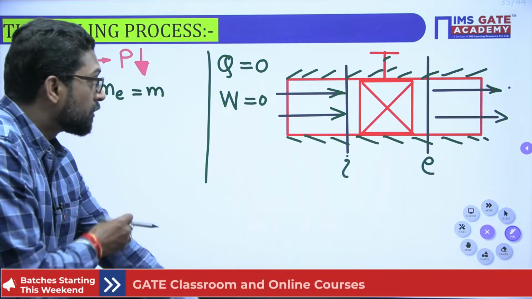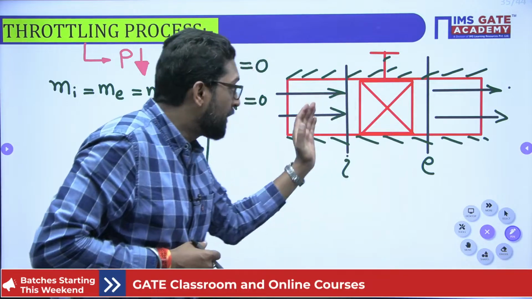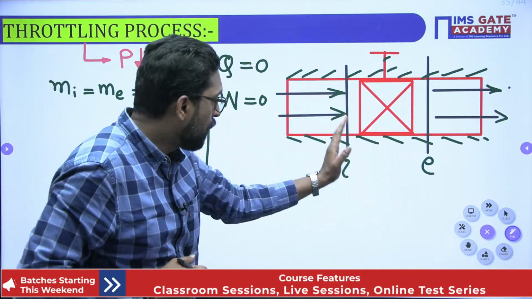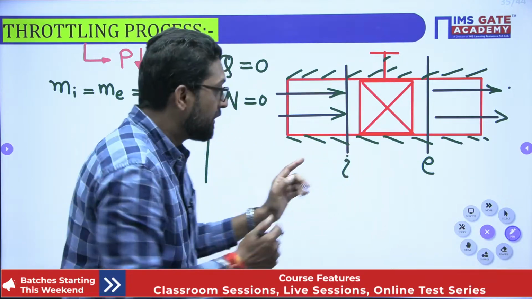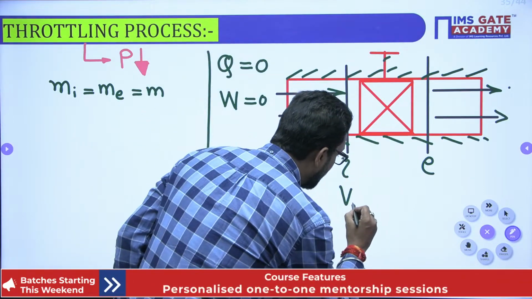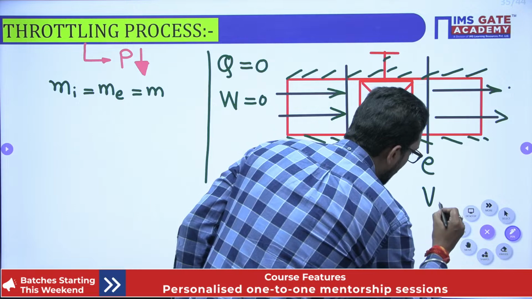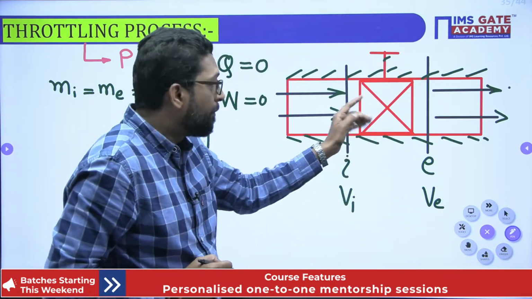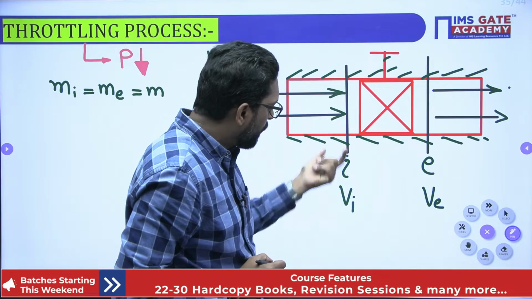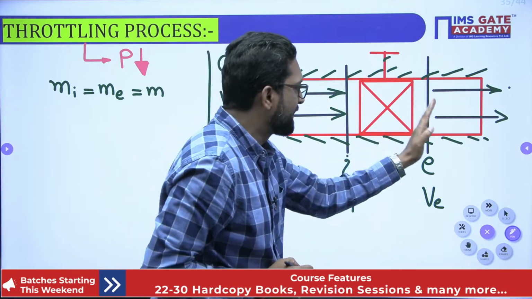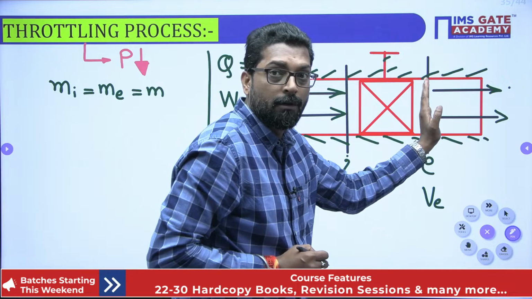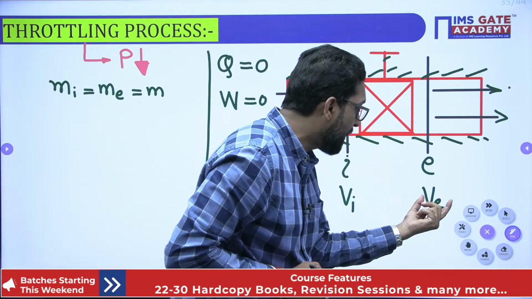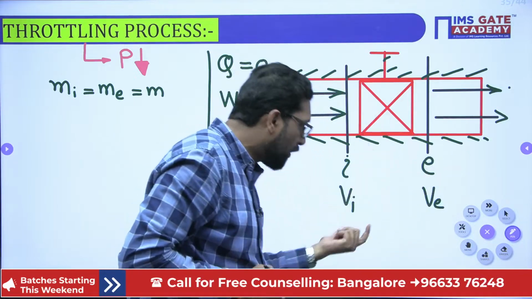Now, there is no motivation to increase or decrease the velocity. That means the velocity at inlet is the same as the velocity at exit. See, the velocity within the throttling valve will increase, but the exit is far from the throttling valve, so the exit velocity is normally equal to the inlet velocity.